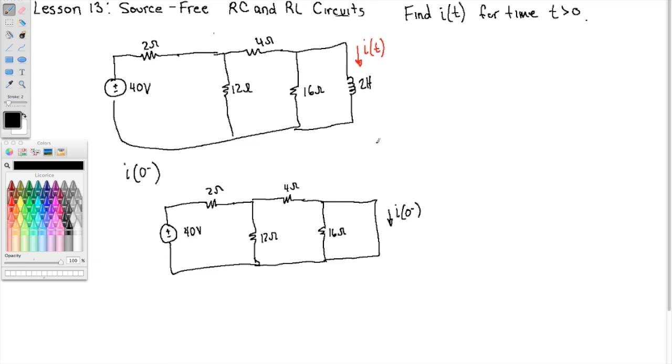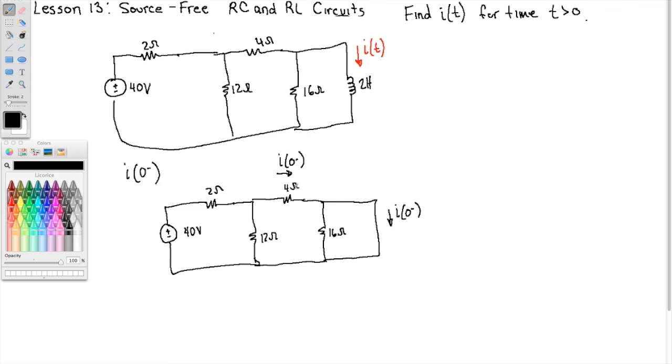Again, this is the last video's concept, I replaced the inductor with its DC equivalent, which is a short circuit. Now observe that the 6 ohm resistor is shorted out. It has 0 potential difference across it. So this is also I0 minus, because all of this current is going to go this way. None of it can go through here because it's shorted out.